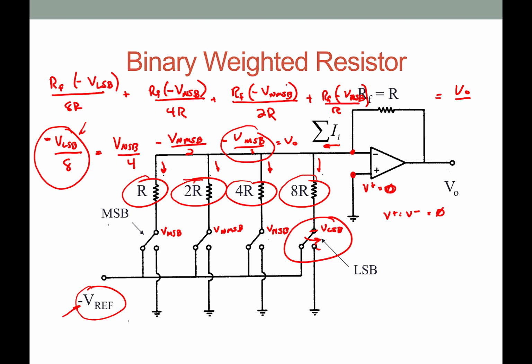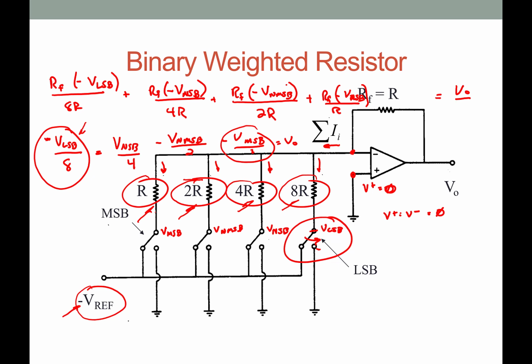But the problem with this digital to analog converter is it's very dependent upon your selecting these resistor values carefully.